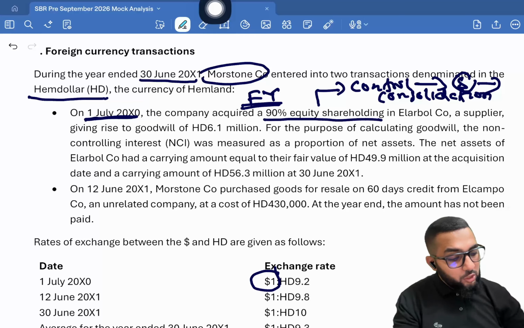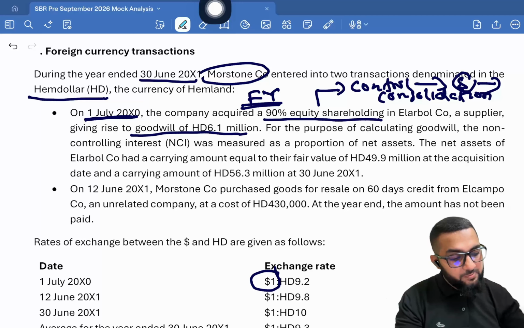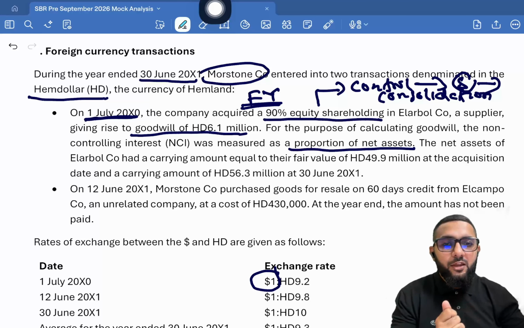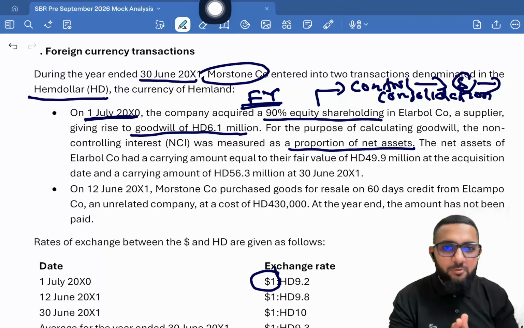Giving rise to a goodwill of HD 6.1 million. For the purpose of calculating goodwill, the non-controlling interest was measured as a proportion of net assets. Now, as we went into the question, we did discuss there's going to be apportionment between parent and NCI, right?